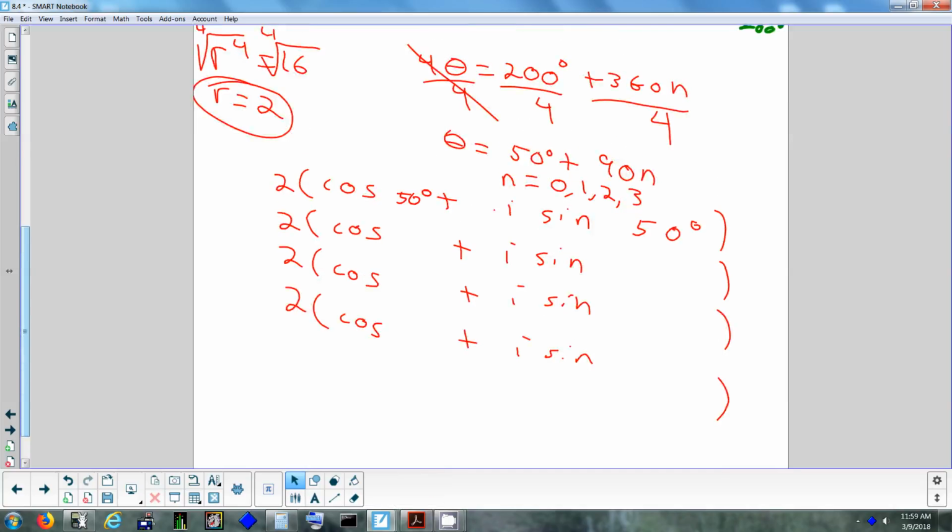Next one, n equals 1. 90 times 1 is 90, and 90 plus 50 is 140. Next one, n equals 2. What's 90 times 2? 180, and then plus 50.